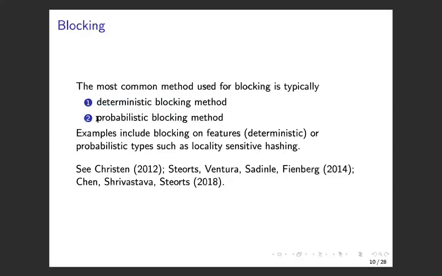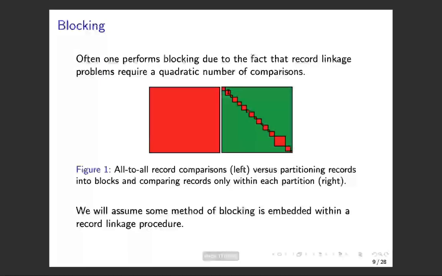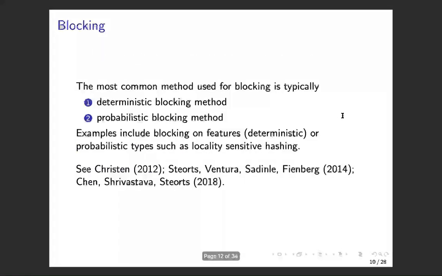This is why most people work with probabilistic blocking methods. A type of this would be locality sensitive hashing, where maybe I'm going to use a similarity score such as Jaccard or cosine to decide whether records should go in the same block or in a different block.